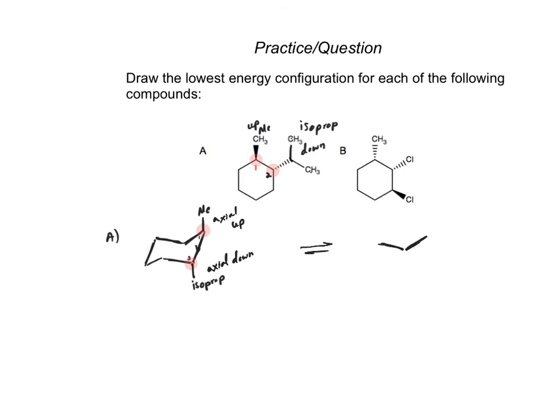So now we'll draw the left-hand ring. Up, down, and then we'll just erase a little bit from this guy and connect the dots.